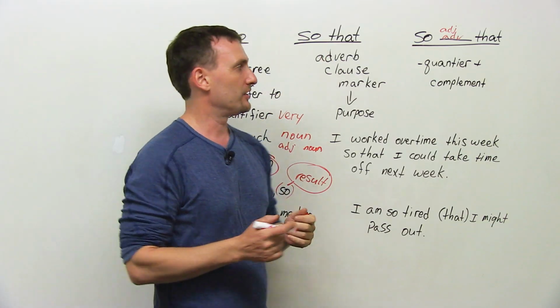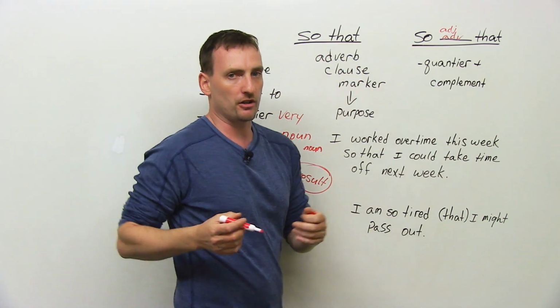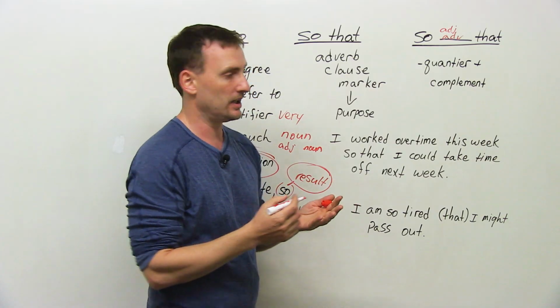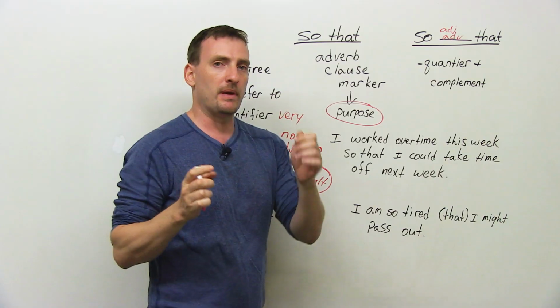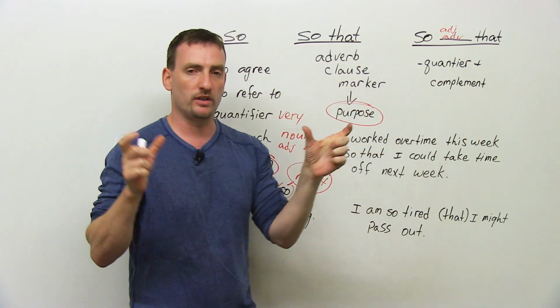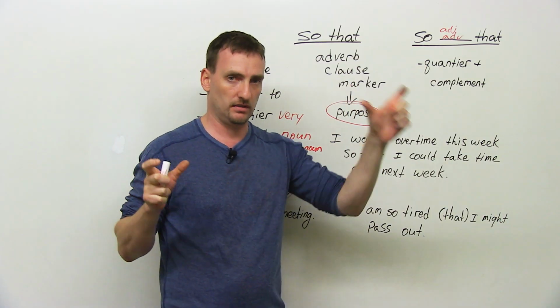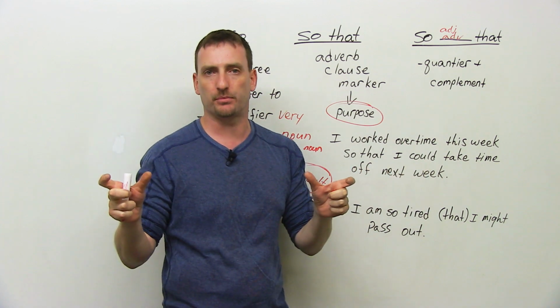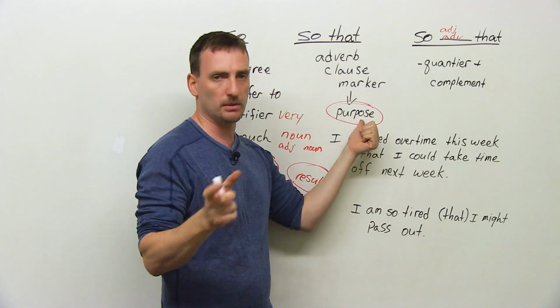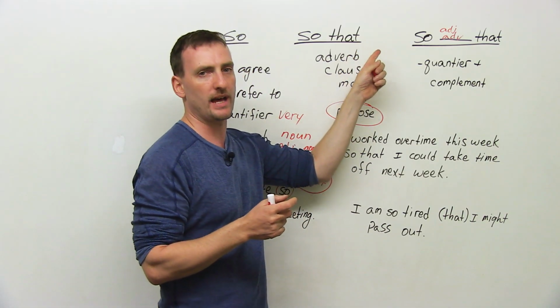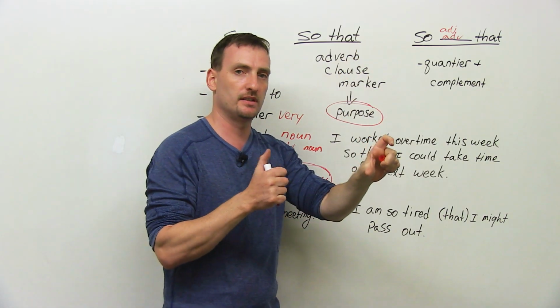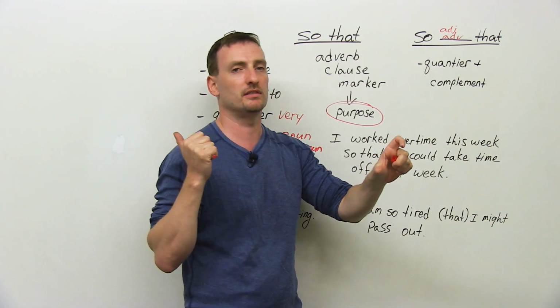"So that" is an adverb clause marker or an adverb clause conjunction. It shows purpose, okay? Remember, an adverb clause joins two actions in the independent clause and in the adverb clause, and the relationship between the clauses is purpose. So whatever comes after "so that" shows the purpose of what you did in the previous clause.